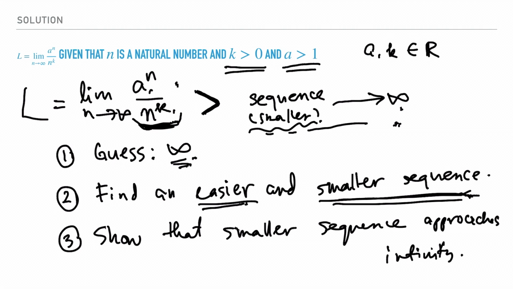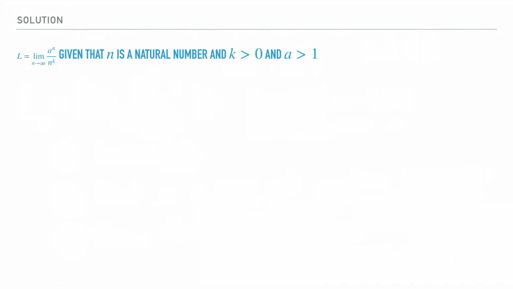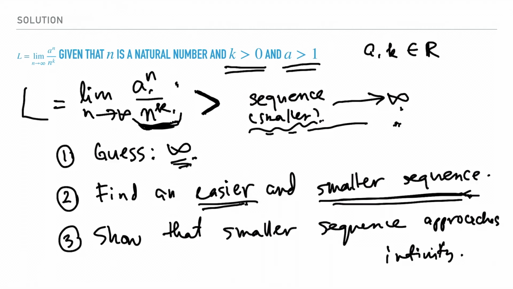And so we've confirmed our guess if we've made these 3 steps. So now we've already shown the first step. I'm going to the next step, which is to find a smaller sequence.